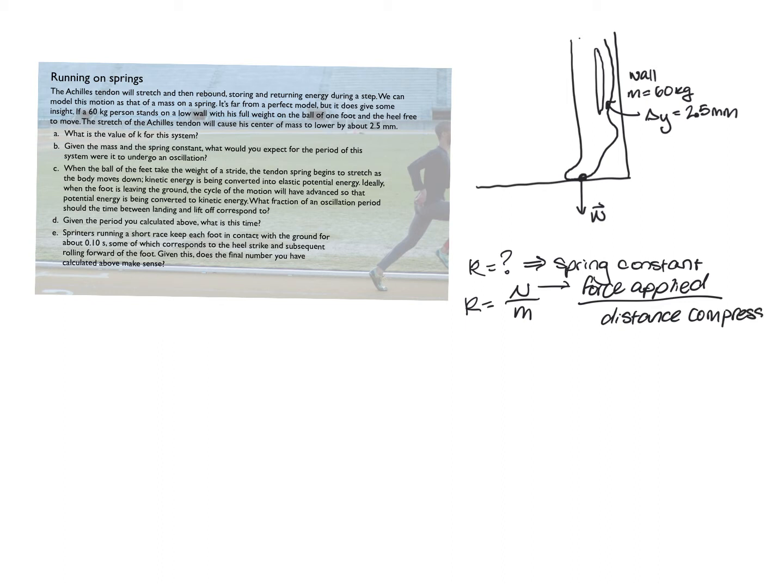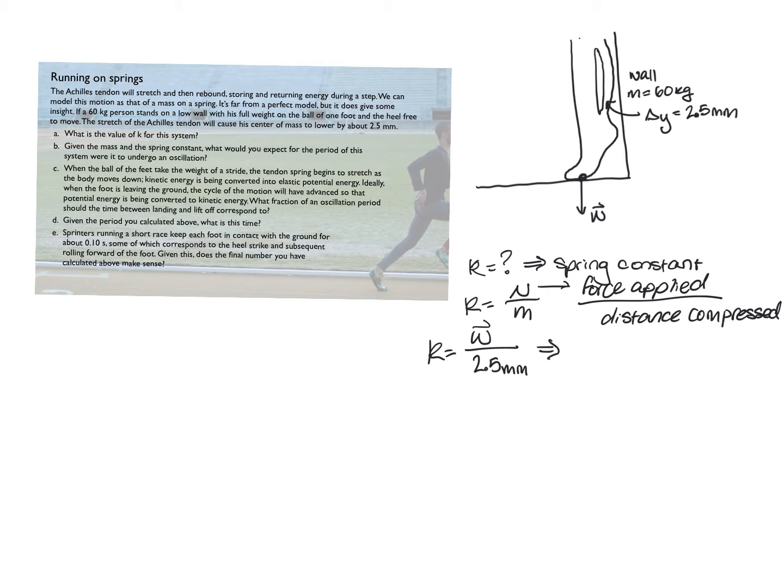We can find both of those things, because in this case k is just going to be equal to the weight force, which is what compresses the spring, over the distance, which is 2.5 millimeters.